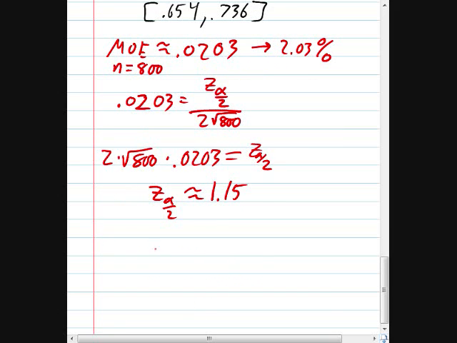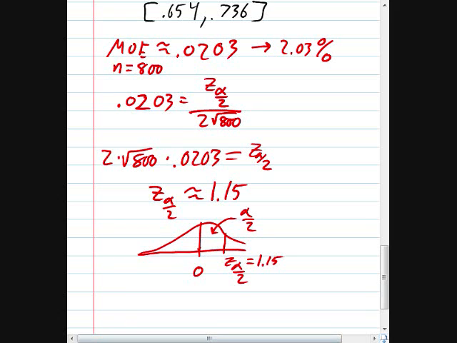So let's look at a picture of what this is asking us. This is similar to a z-score, but notice that it's z sub alpha. So between 0 and this z sub alpha over 2, I want this area to be alpha over 2. My z number is 1.15. So first I should figure out what that area is.